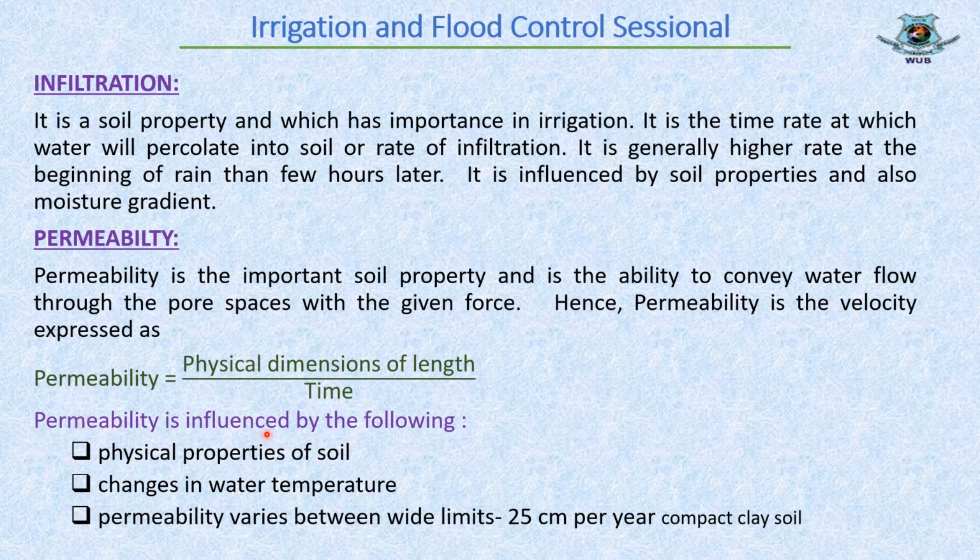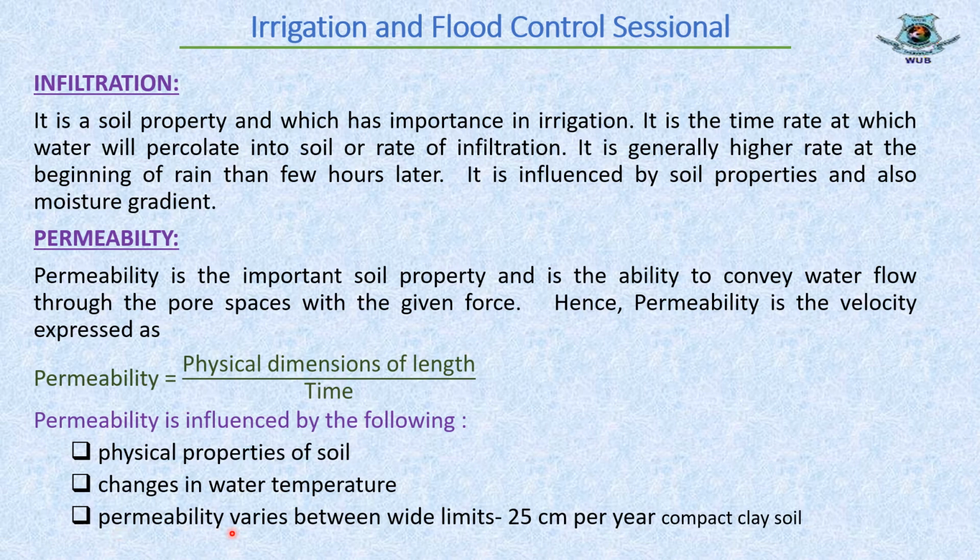Permeability is influenced by the following factors. Number one, physical properties of soil. If the soil has many more interconnecting voids, the permeability will be greater, otherwise it will be lower. Number two, the changes in water temperature. Warmer water can percolate greatly into the interconnecting voids of soil.